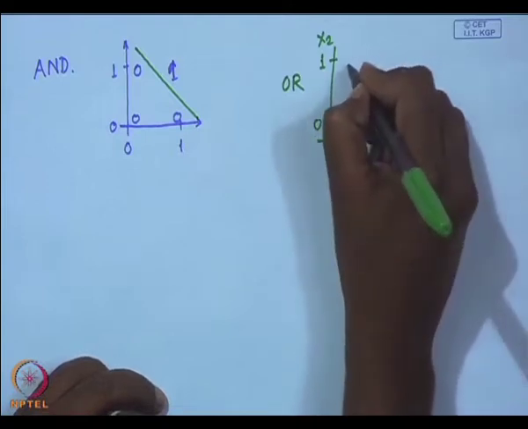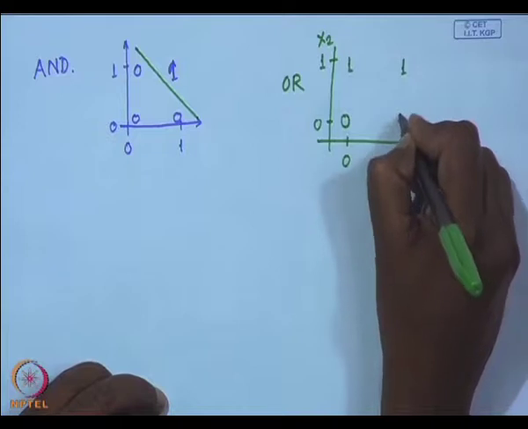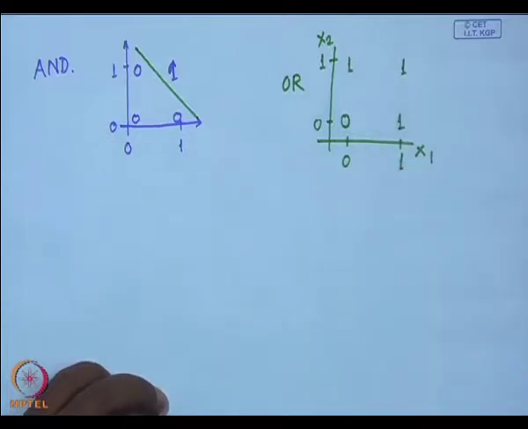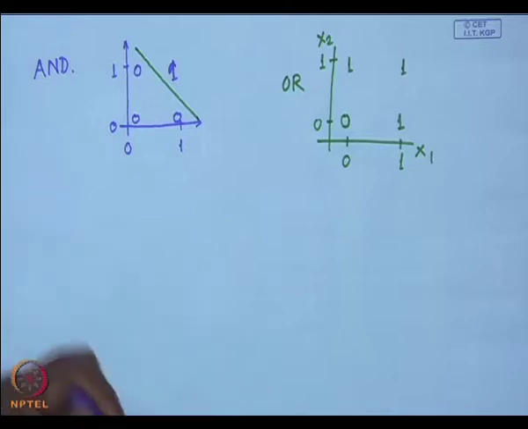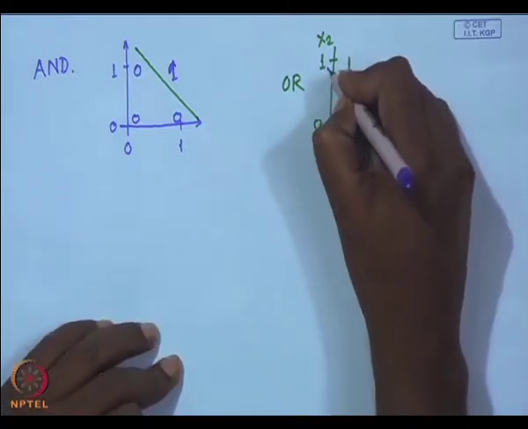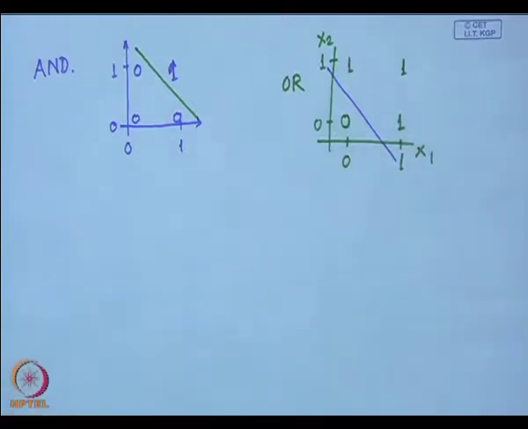In all other cases, the output is 1. And again here you find that I can separate the 1s and the 0 by a straight line, which clearly indicates that this is also a linearly separable problem.